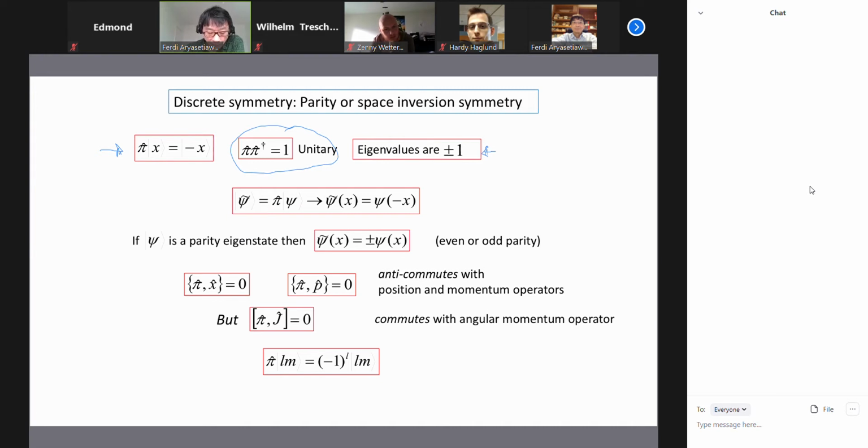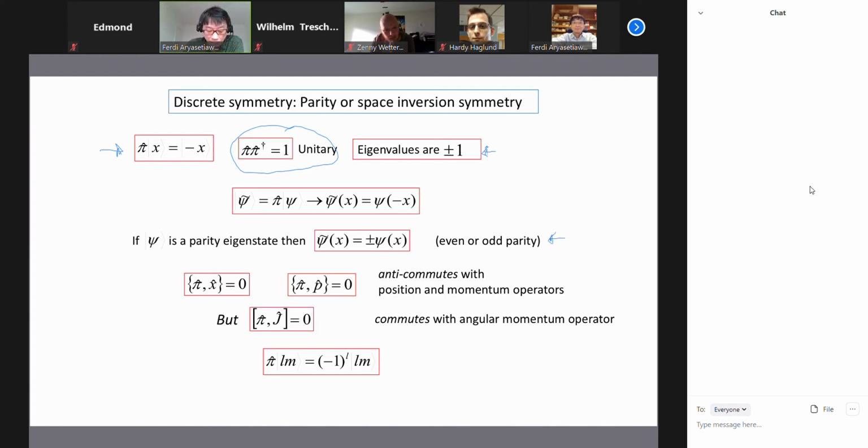So if psi is a parity eigenstate, then it has a well-defined parity, so it's even or odd, just like we have here.